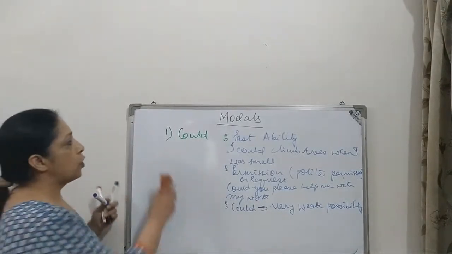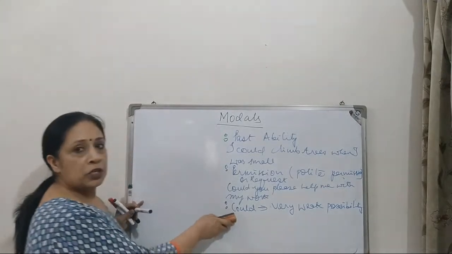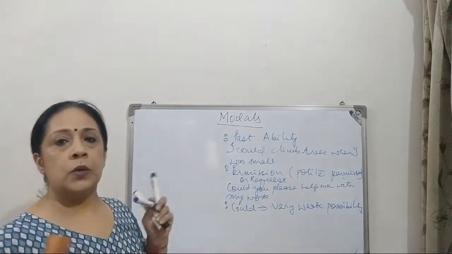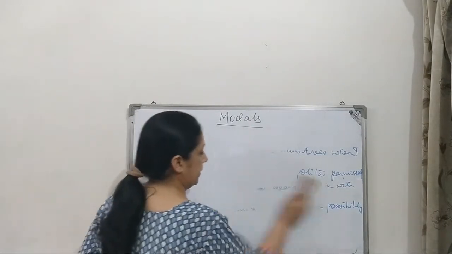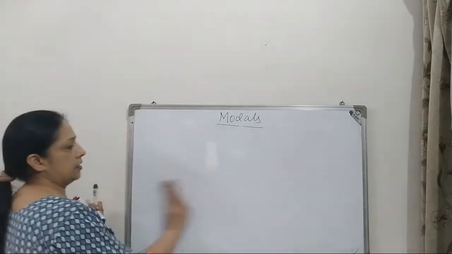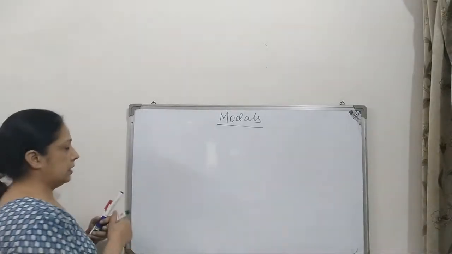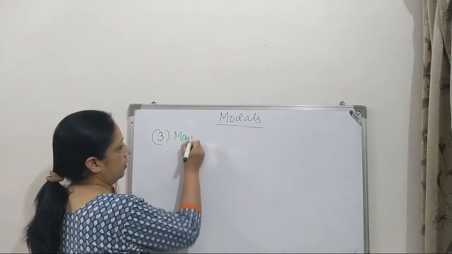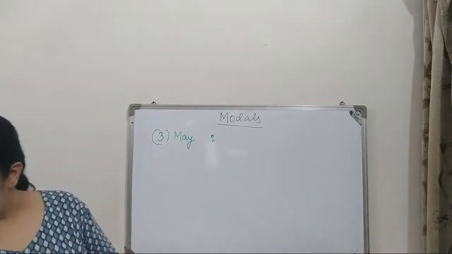Now let's move on to the next one. Because we are already doing possibility, let us do may also and might also, because they are also the modals for possibility. Alright, so let's do may first. Right? So may is number 3. May. So the first function is what?